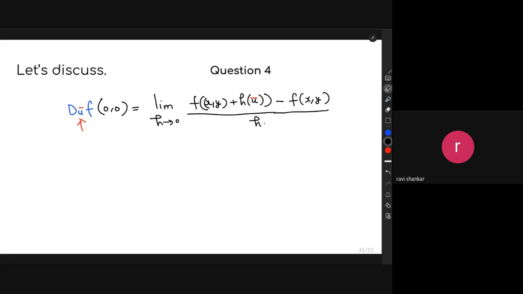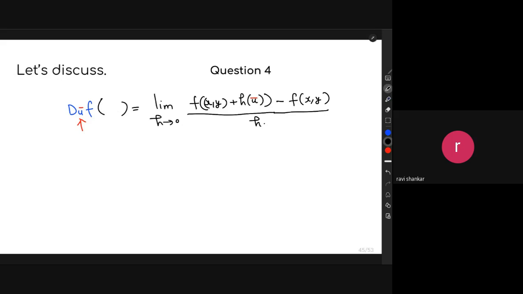Note that u is a vector in R2, and it's a two variable function. So everything is the same, just you are adding some small change in the direction of u to your x comma y, and you are calculating the differentiation in that direction.